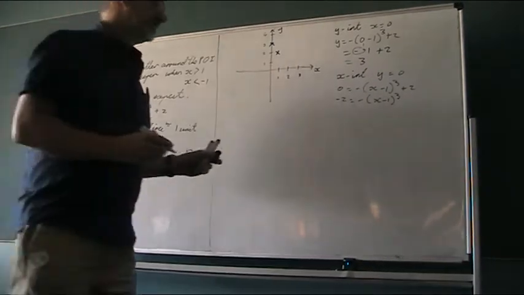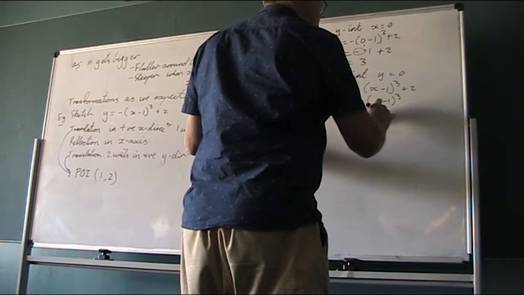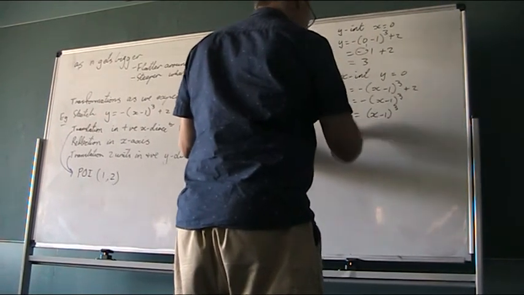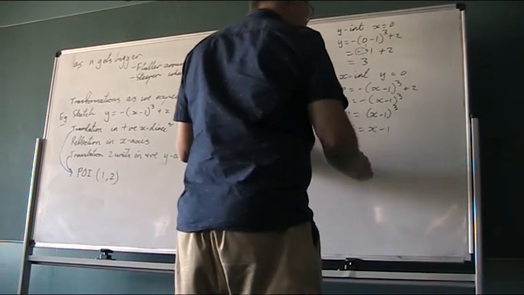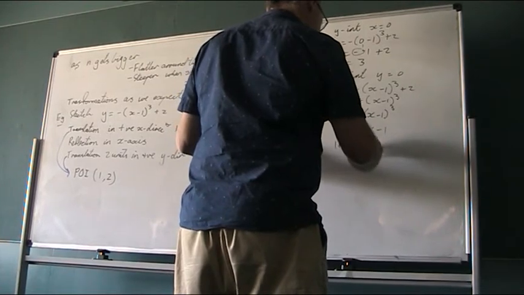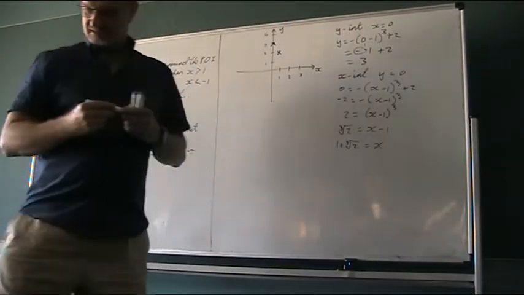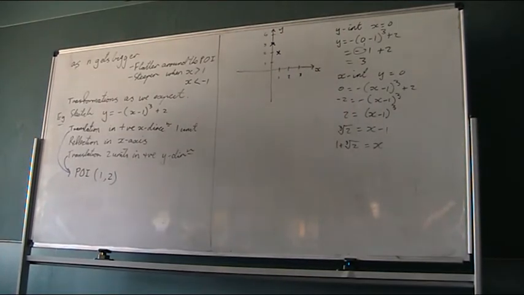Divide negative 1 both sides. Cube root both sides. Add 1 both sides. So the x-intercept is at 1 plus the cube root of 2, and 1 plus the cube root of 2.